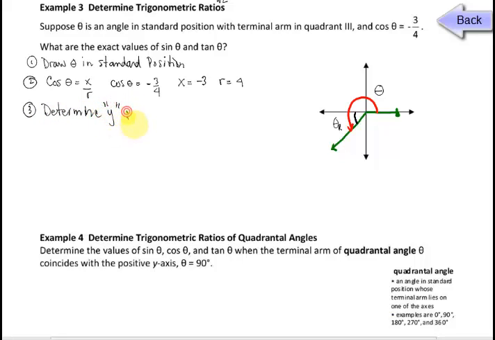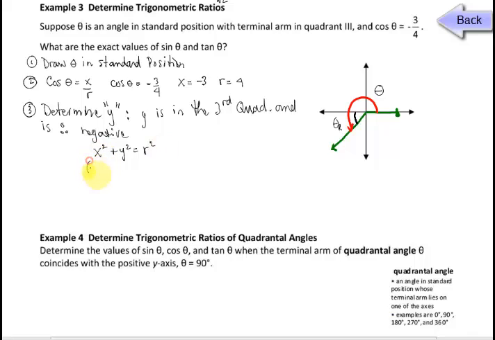What we want to keep in mind is that y is in the third quadrant, which means that it has to have a negative sign. So let's pull out our Pythagorean theorem again using x, y, and r. We would have that x squared plus y squared equals r squared.